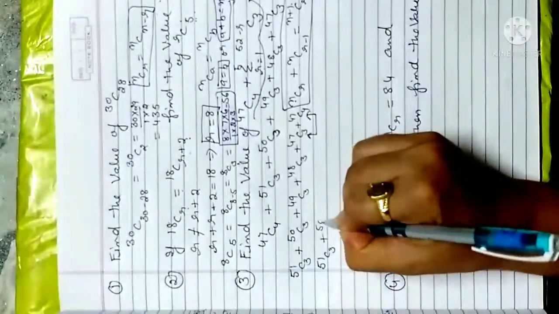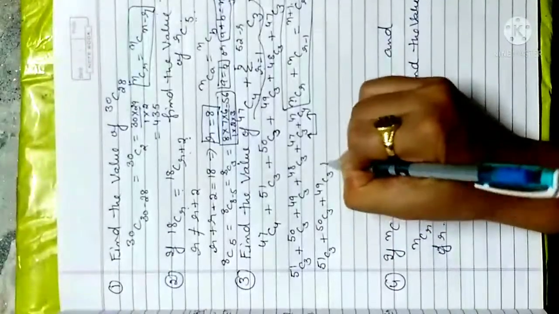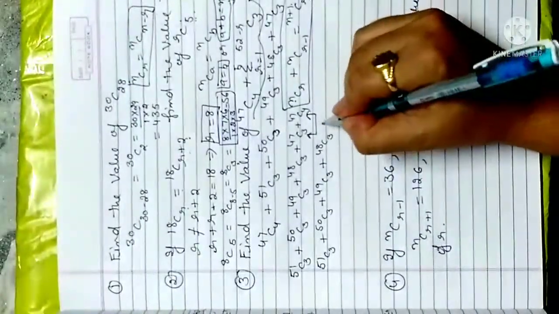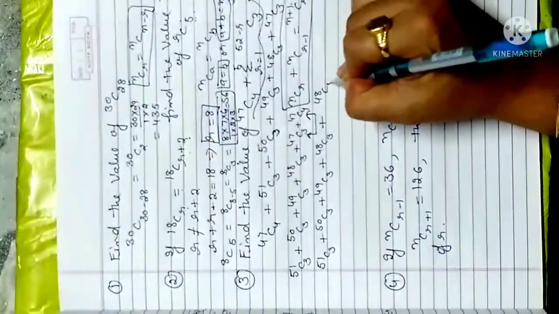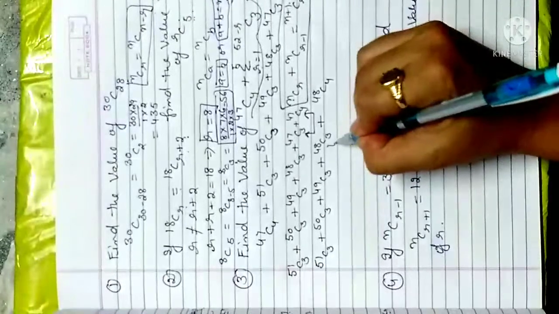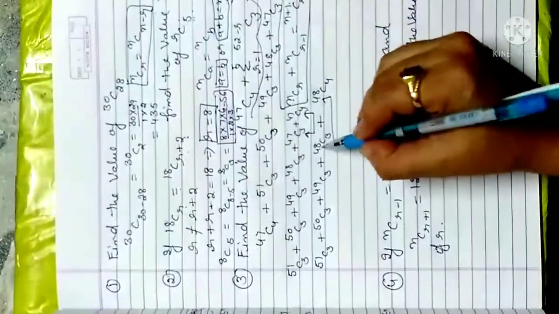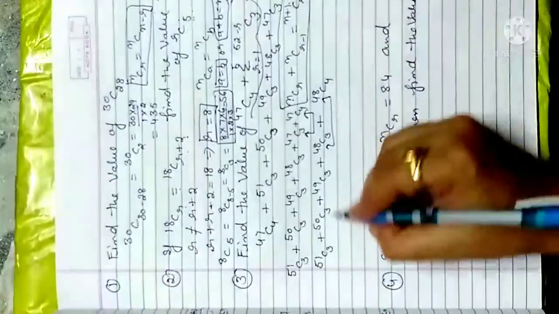51C3, and the other terms you write as they are: 49C3 plus 48C3 plus 48C4. Now again, in these last two terms you apply the formula again because N value is the same, so that becomes 49C4.